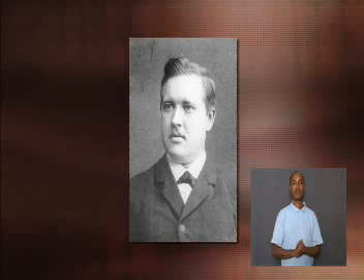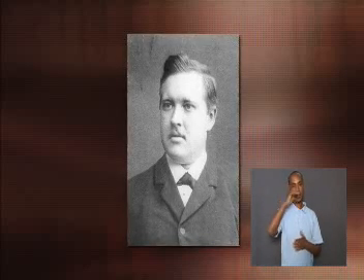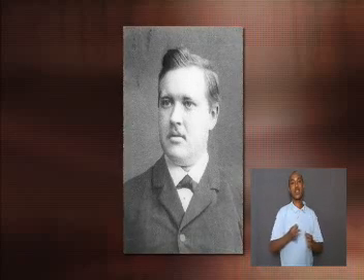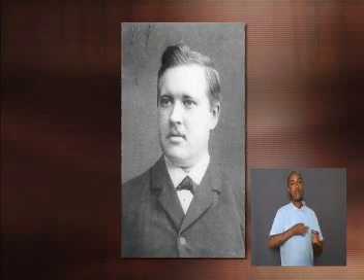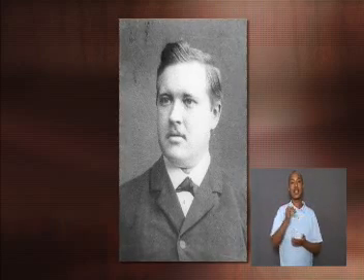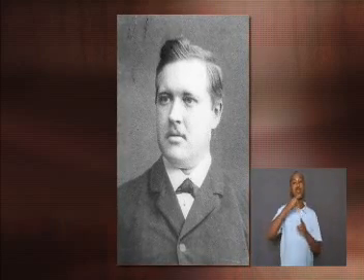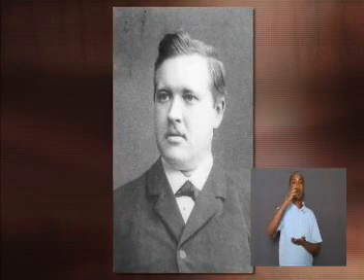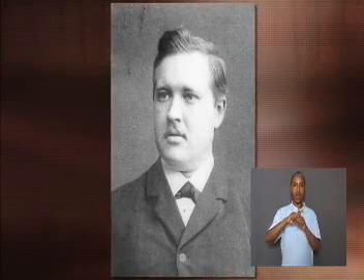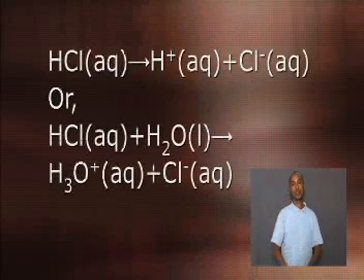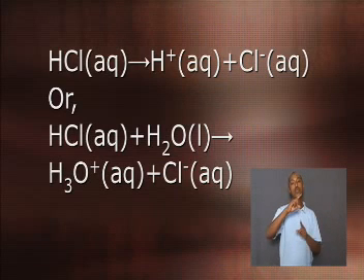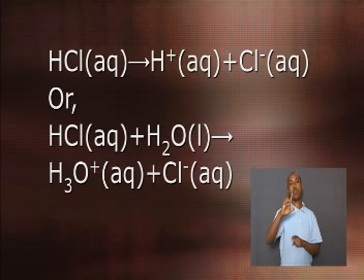Savant Arrhenius, a Swedish chemist, offered one of the simplest definitions. He defined an acid as a substance that releases hydrogen ions, or protons, or hydronium ions in an aqueous solution. For instance, hydrochloric acid on its own releases H+ and chloride ion.